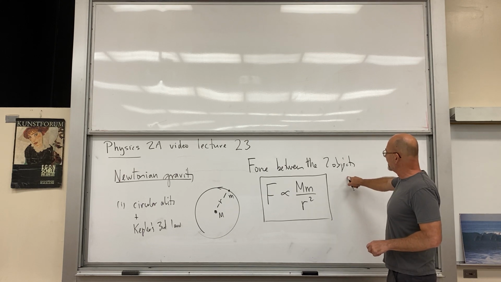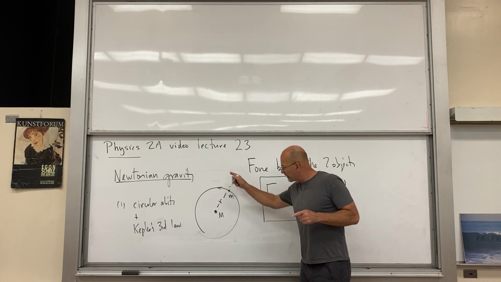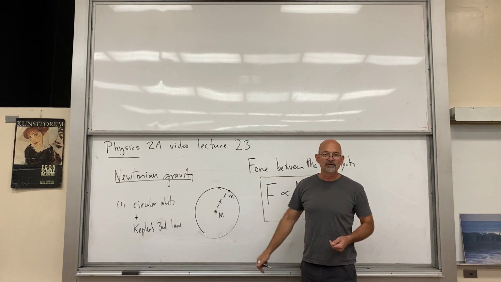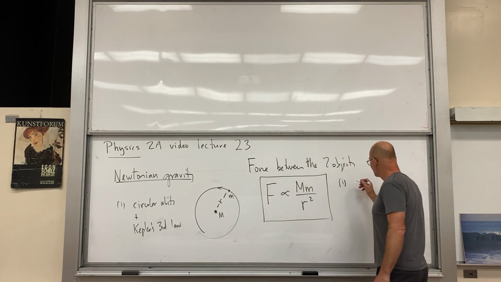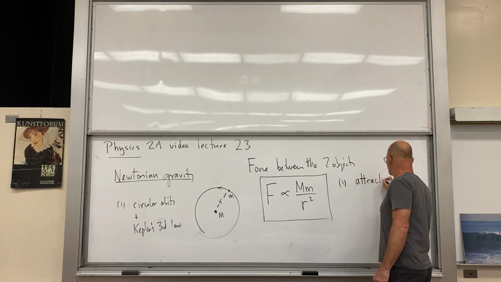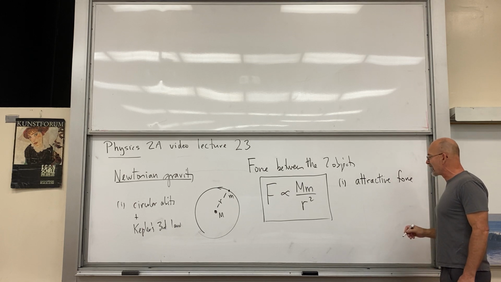But the first thing we had was, because it was a circular orbit, we know the acceleration was towards the center. It was centripetal acceleration. So the first thing we have is that the force is an attractive force.